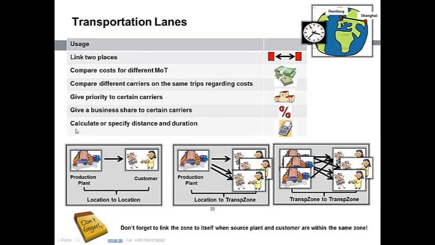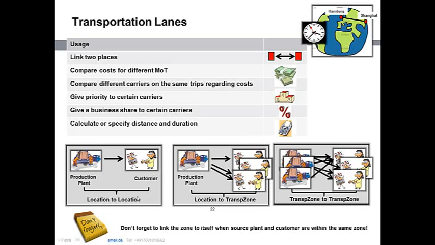Also, you can use the transportation lane to calculate or specify distance and duration. Calculation can be based on the geocoordinates, and specify means that you just say, okay, between Hamburg and Singapore it's 7,500 kilometers. And you can also specify the duration if you can get it from the ocean carriers, for example.